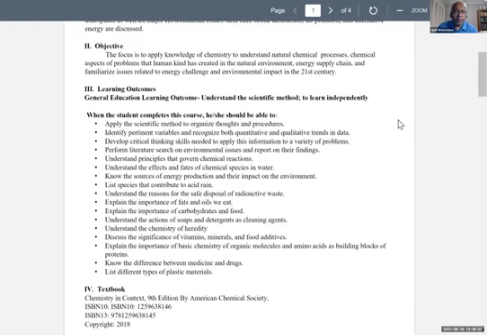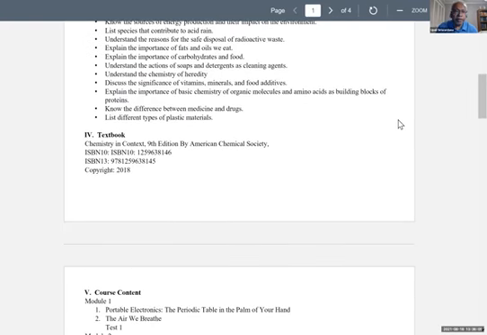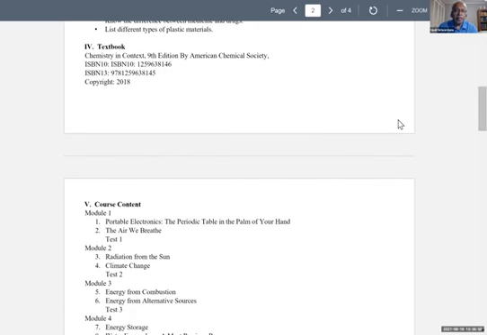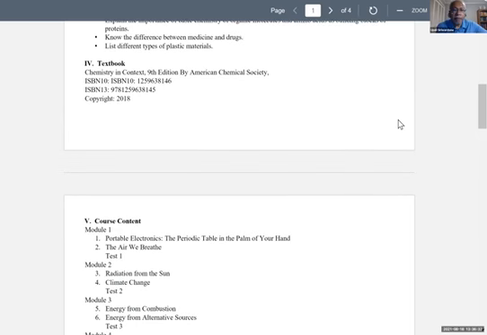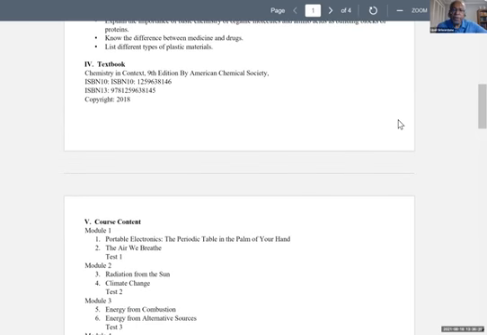Learning objectives. The textbook is Chemistry in Context, 9th edition by the American Chemical Society. You could use the 10th edition or the 9th edition. You could buy the book online from the site here. I forgot the book seller. I will send you an email on how to get the book online, okay?